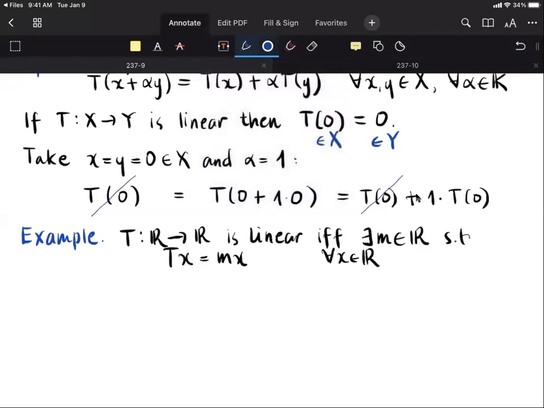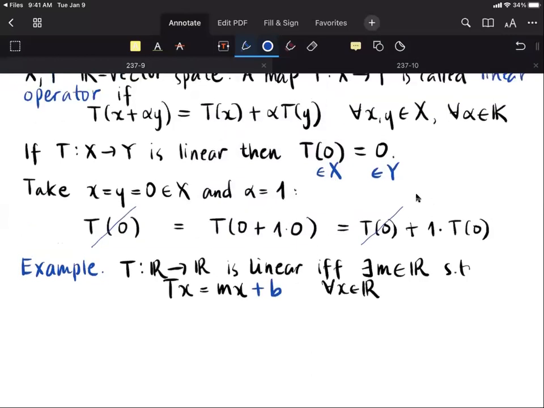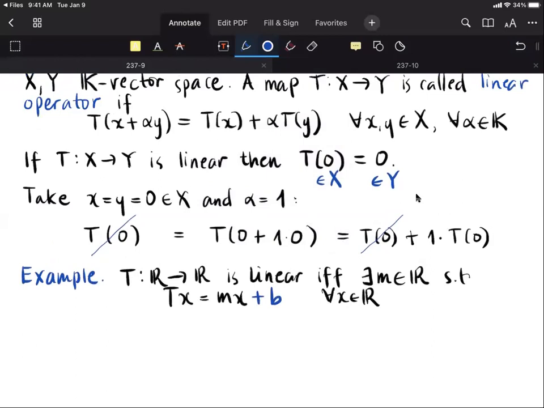Okay, so a function of the form mx plus b is not a linear operator unless b is equal to 0. You can see that based on this equation. If you replace x by 0, in order for this to be satisfied, b must be 0. So a linear operator must pass through the origin.